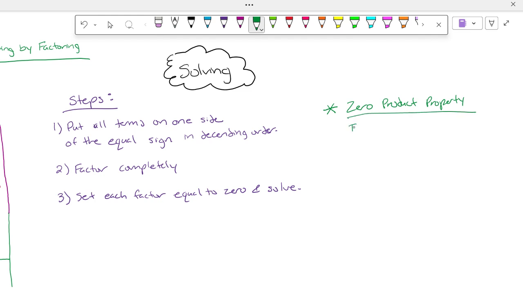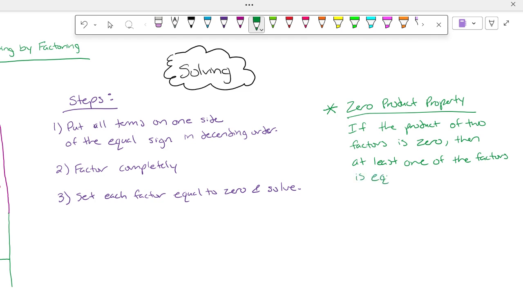And all the zero product property is, if the product of two factors is 0, then at least one of the factors is equal to 0.